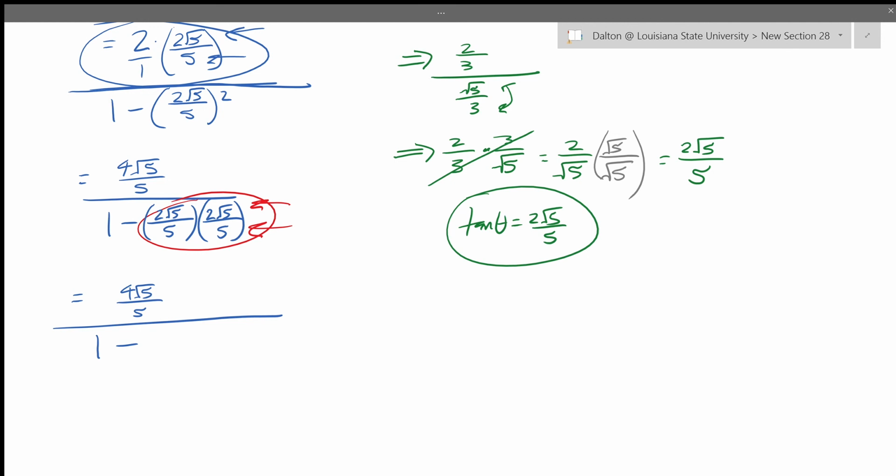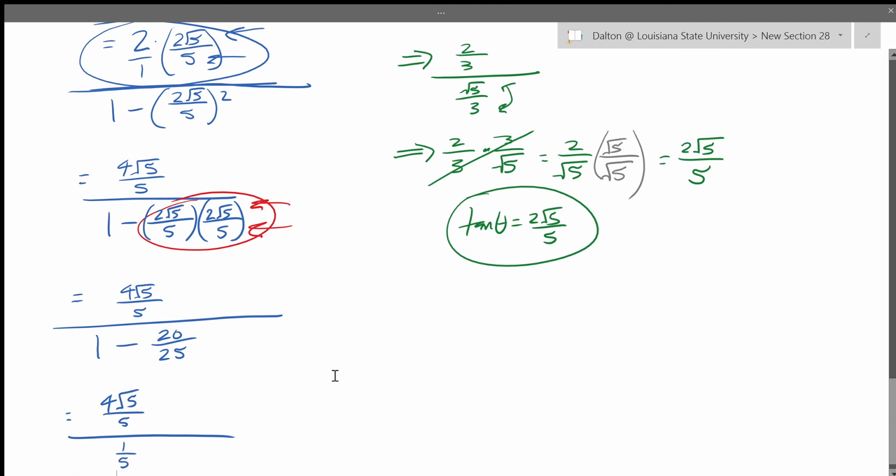And then 4 times 5 is 20. And the denominator, 5 times 5 is 25. And this is equal to 4 square roots of 5 over 5 all over 1 minus 20 over 25, which is going to be 5 over 25, which is the same thing as 1/5.